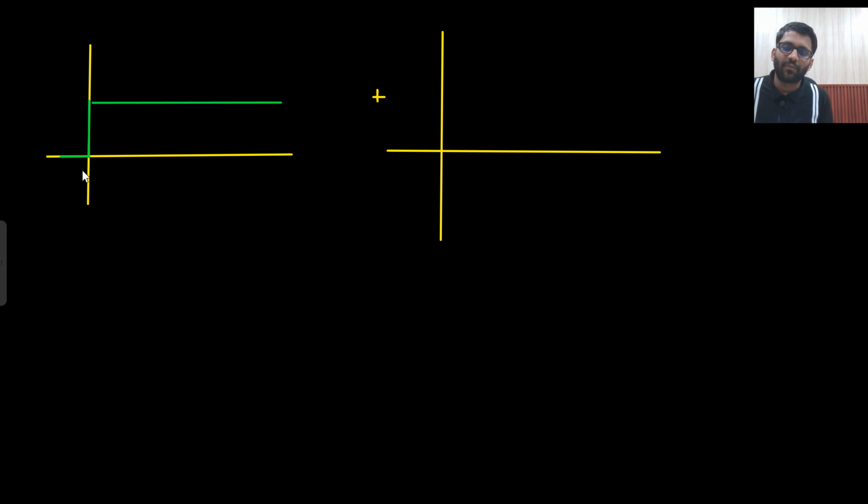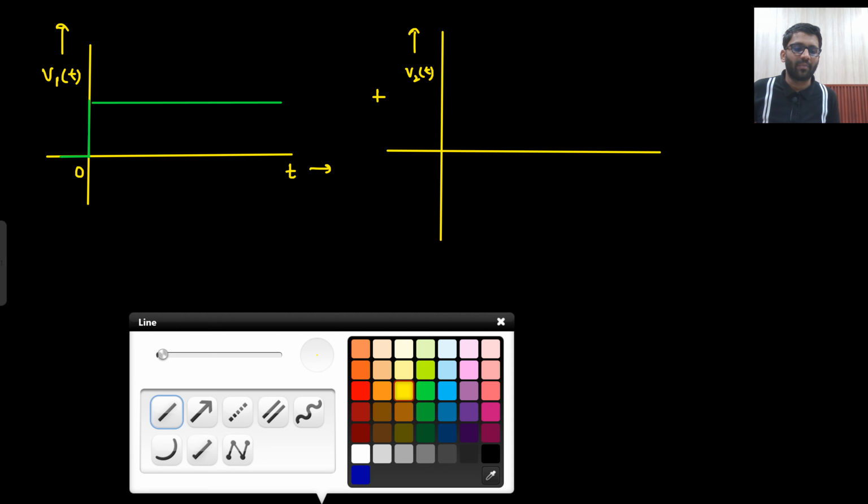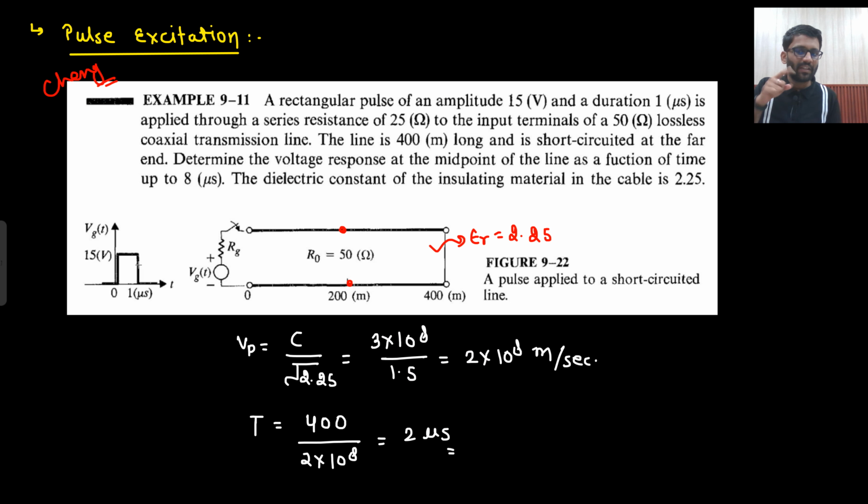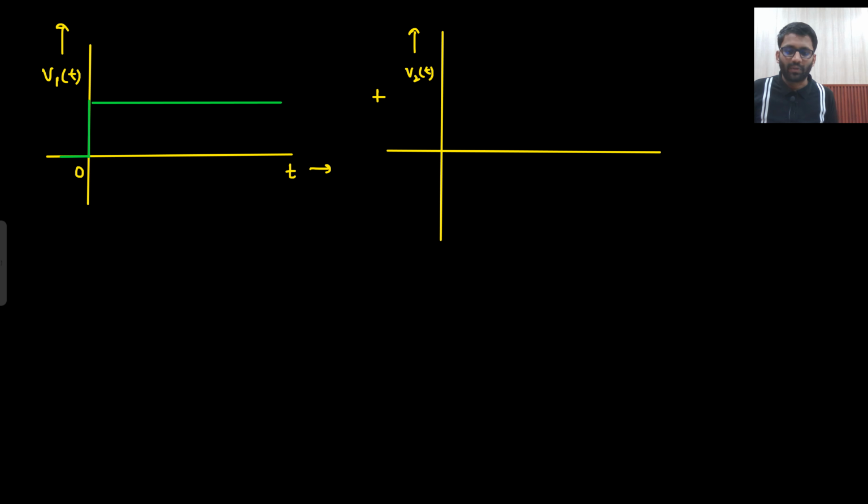Okay, so this is starting from 0, and till infinity it is going. And this is your voltage 1 I am saying. This is your V1(t). And if I draw V2(t), then V2(t) I need to start from 1 microsecond, because in VG what do I see? In VG I see that at 1 microsecond my voltage is 0. So at 1 microsecond I need to bring minus 15 volt.